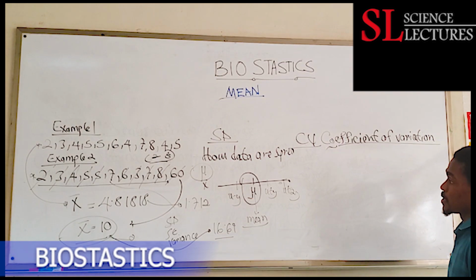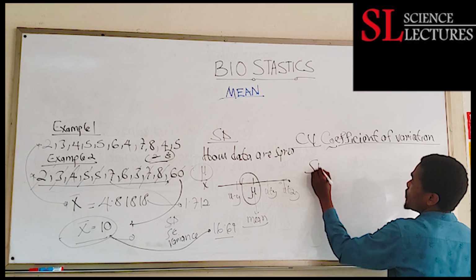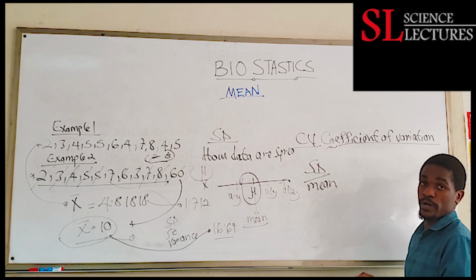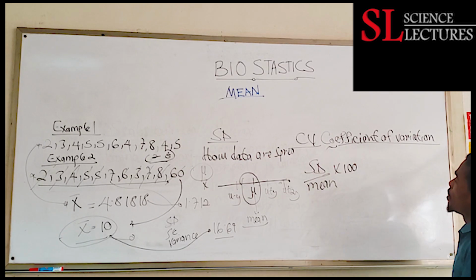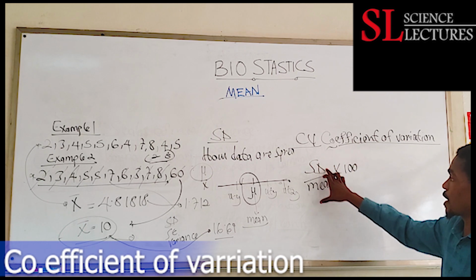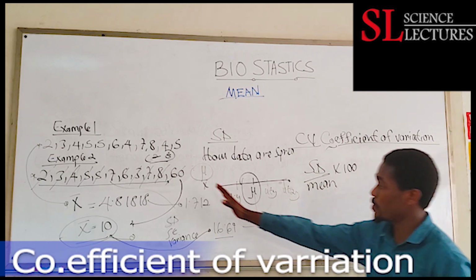So how do we calculate the CV? That is the most important thing. CV is calculated by getting the standard deviation over the mean, but it is always expressed as a percentage. That means times 100. So the coefficient of variation, that is how it is obtained. Standard deviation over the mean times 100.